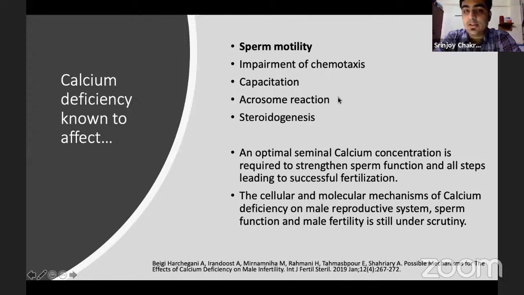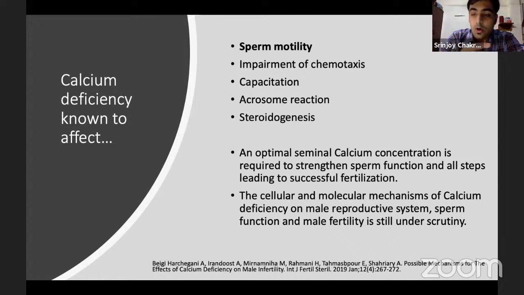Calcium deficiency, as we know, is known to cause impaired motility in sperm cells. It impairs chemotaxis. It also negatively affects capacitation and the acrosomal reaction, which are, as you know, very important processes during fertilization.